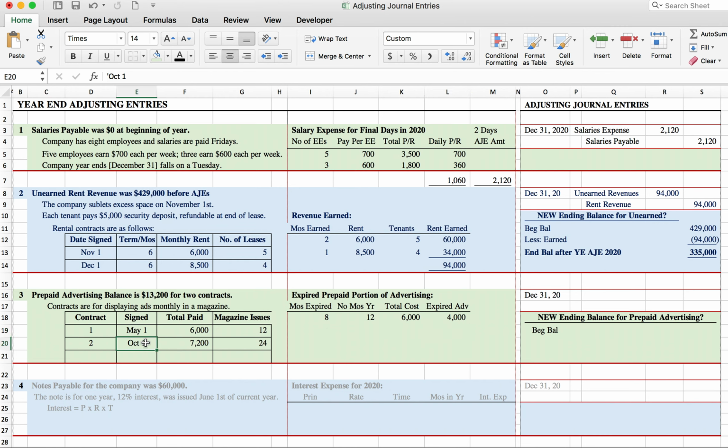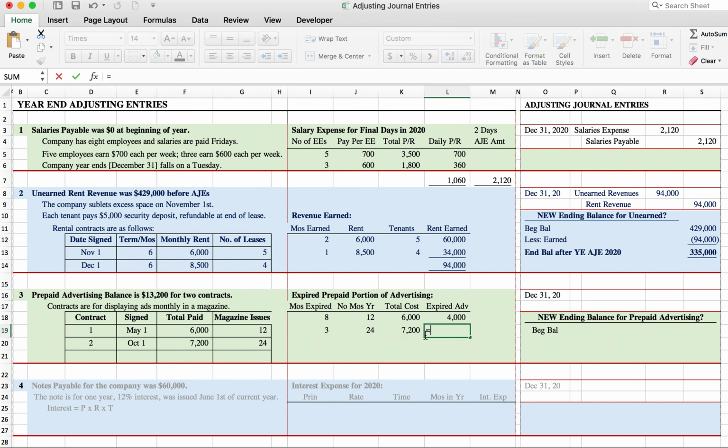And then let's look at contract number 2. Contract number 2 was signed October 1st. So I have used up October, November, December, 3 months. I'll put 3. How many months in a year? 12. But how many issues am I signing this for? 24. So this is going to be 3 of the 24 issues I've used. And how much did I pay for it? $7,200.